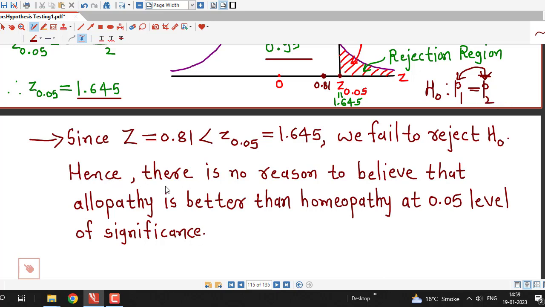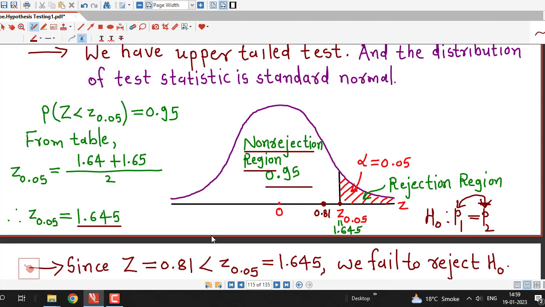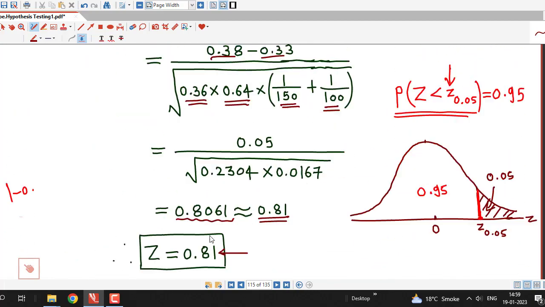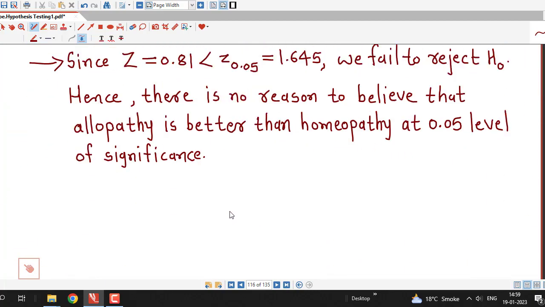So the conclusion is, there is no reason to believe that allopathy is better than homeopathy at 0.05 level of significance. So in this way we can compare two population proportions.